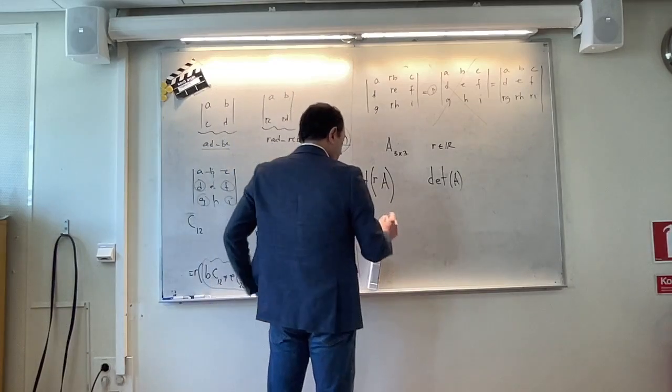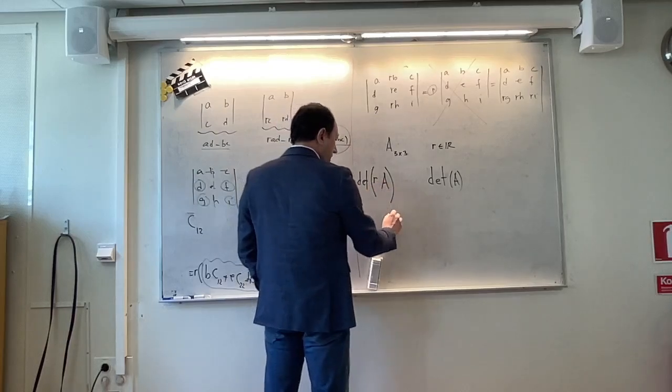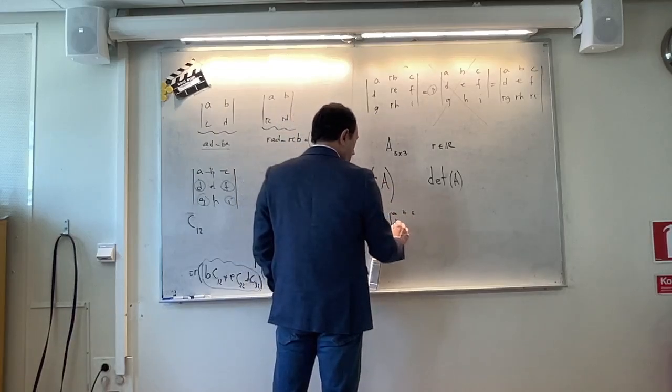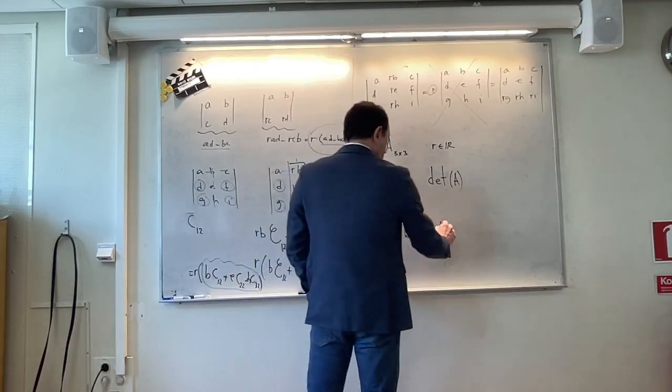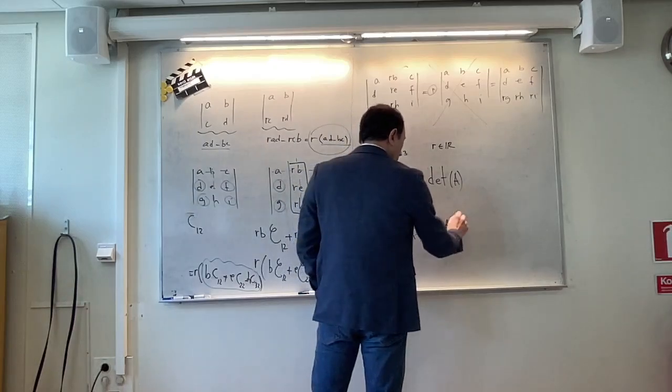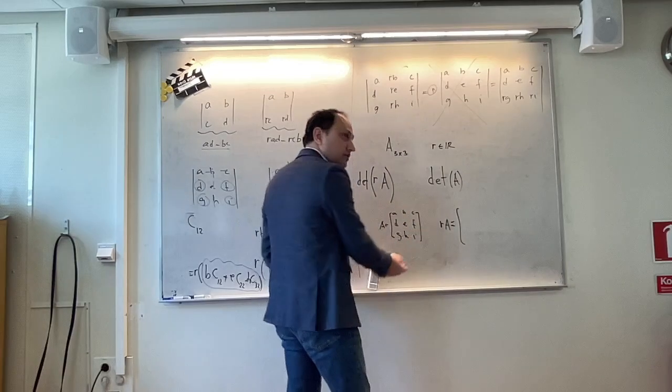Because, for example, if I give you, be careful, this is a matrix A, B, C, D, E, F, G, H. Okay? This is matrix A. Now, if I ask you what is the matrix RA, what is your answer? RA, RB. Everything, yes?